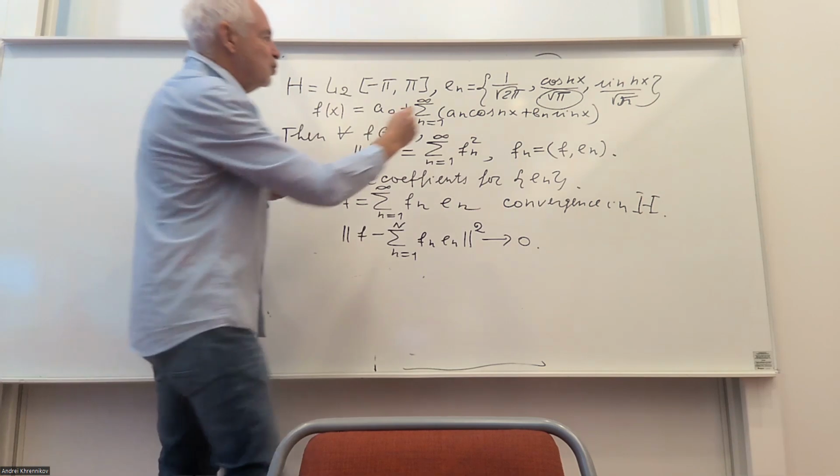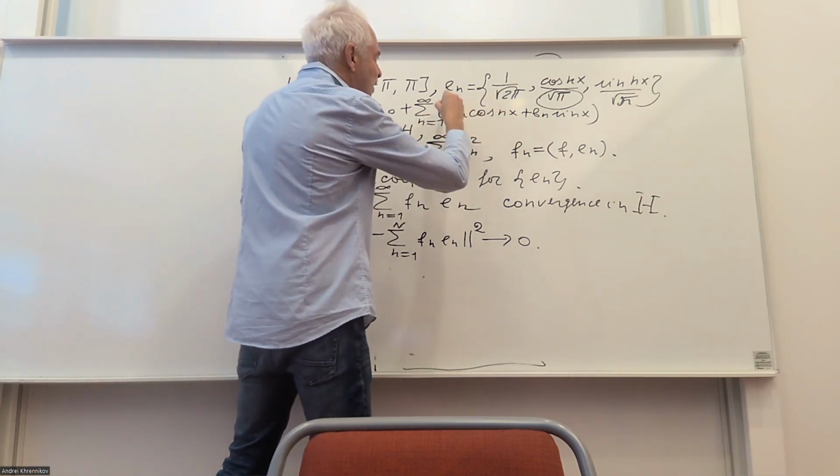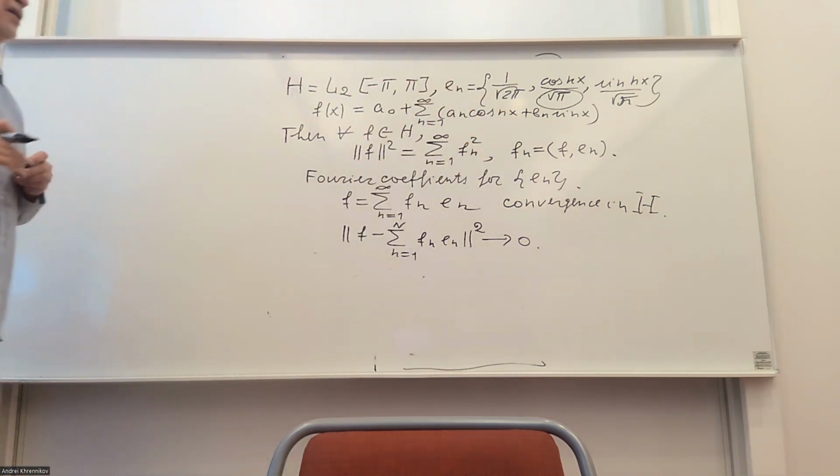So to get a basis, we should divide by the square root of pi and include the square root of pi in the coefficient an.